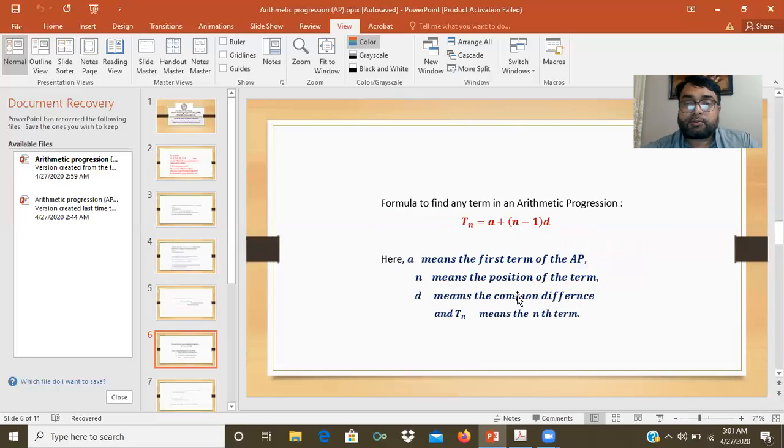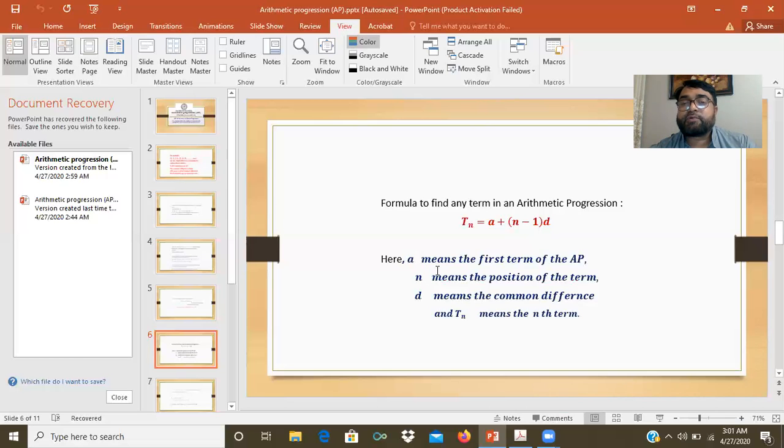Okay, so here is a very important formula in arithmetic progression, that is Tn equals a plus n minus 1 into d. As I told you before, the Tn is a notation to denote the nth term. So that means you can find the nth term in an arithmetic sequence by using this formula.